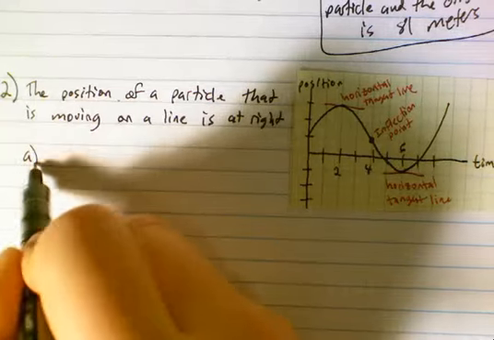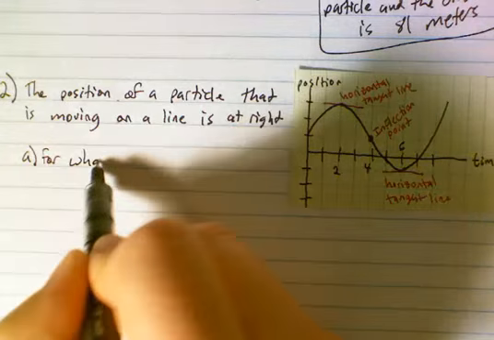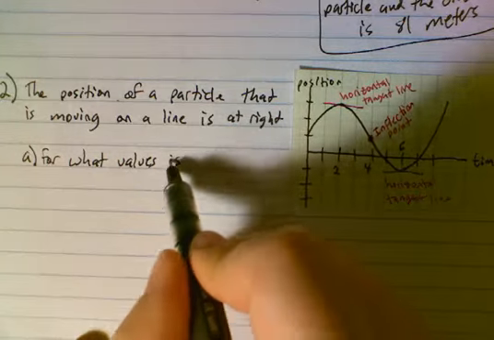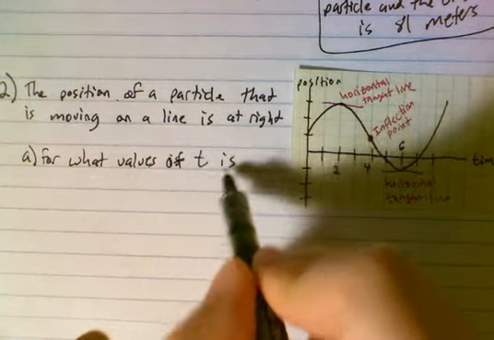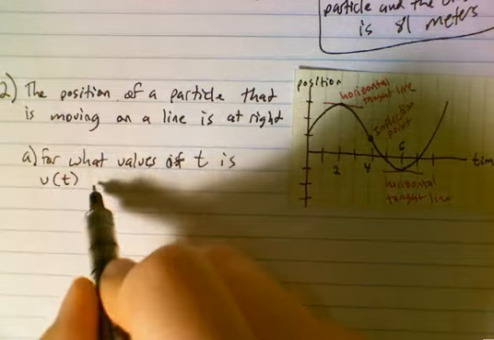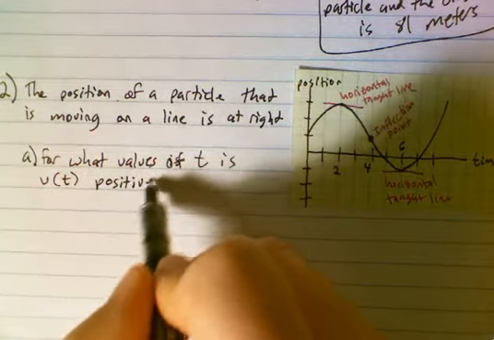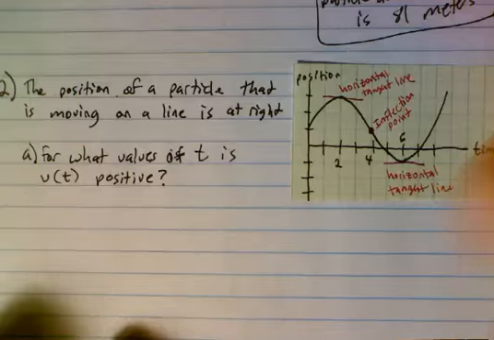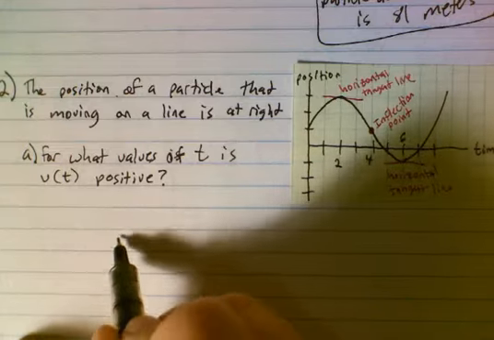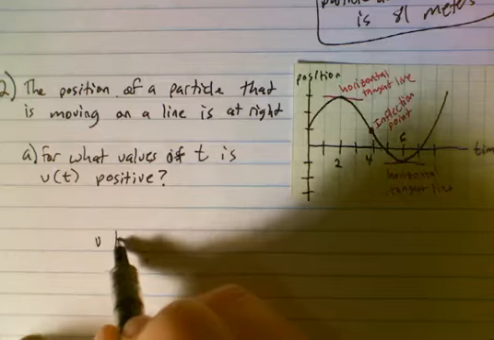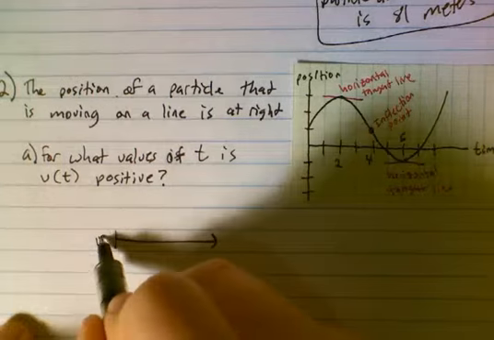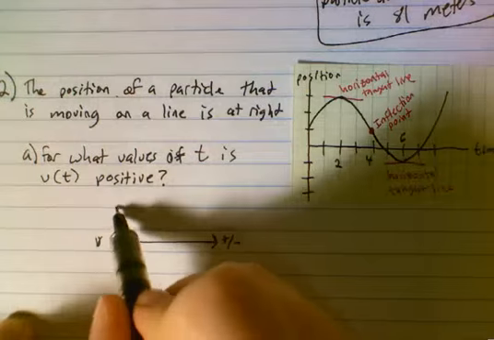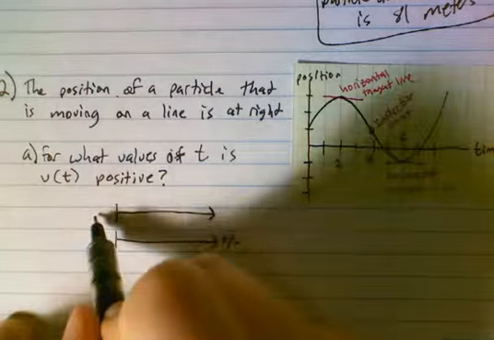The first question: for what values of t is the velocity v of t positive? One of the things that we have to remember is that here we've got v, we want to know where it's positive, negative, but what we're given is position, and position is the antiderivative.